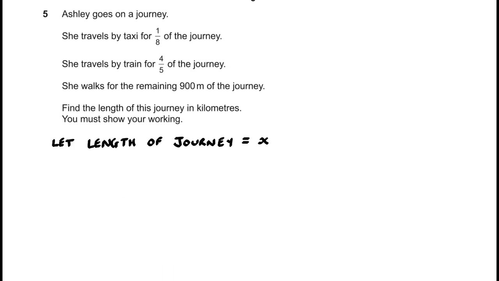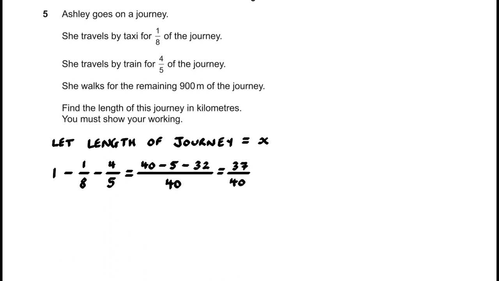First of all, if we let the length of the journey be x, let's see how much of her journey she has already taken with the taxi and the train. We've got 1, whole 1, subtract 1/8, subtract 4/5, which is 37 over 40.